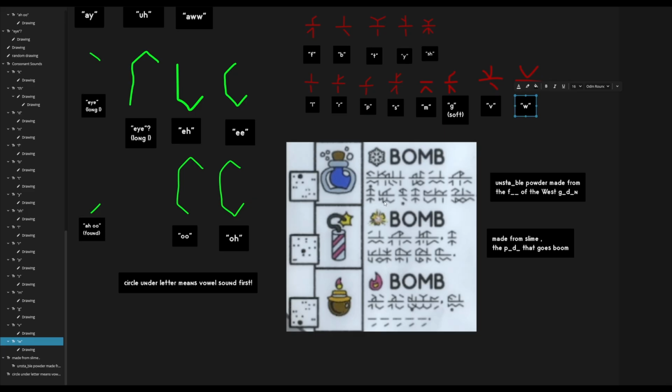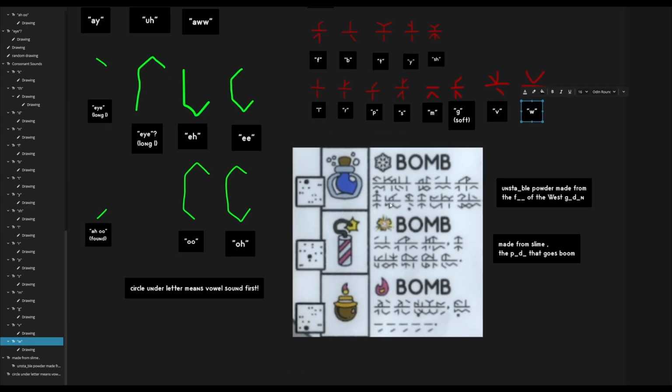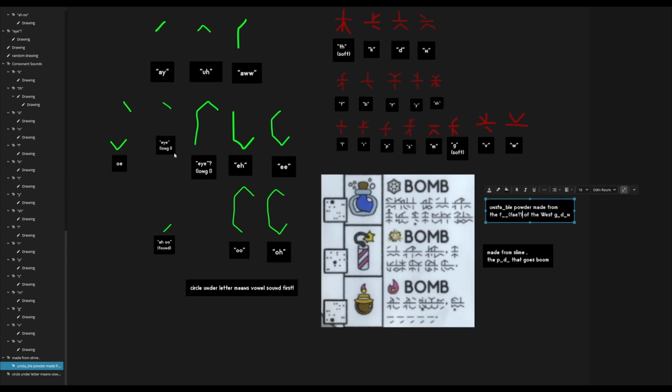What is this? Is it the Fae? That doesn't. But then this is G. This is Ah, and this is part of I.